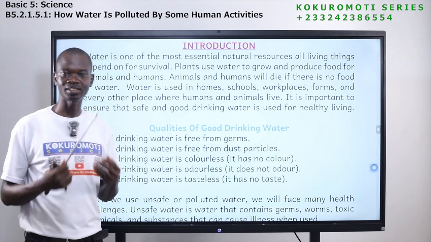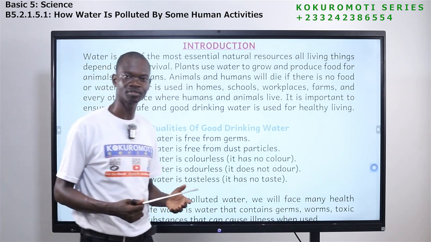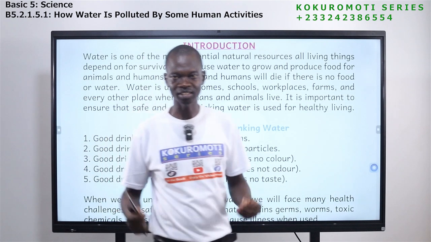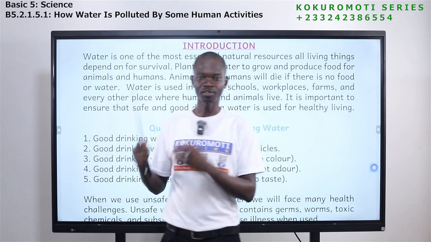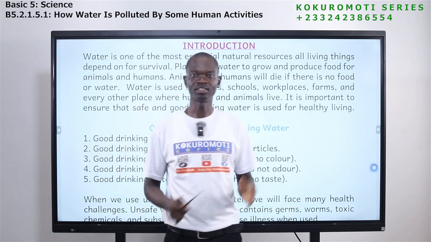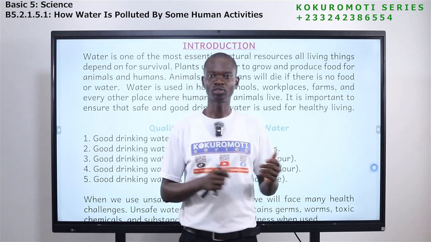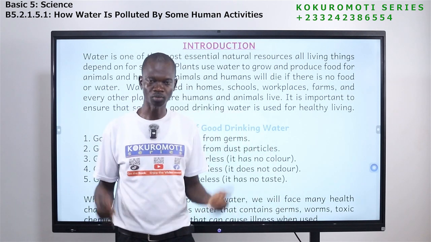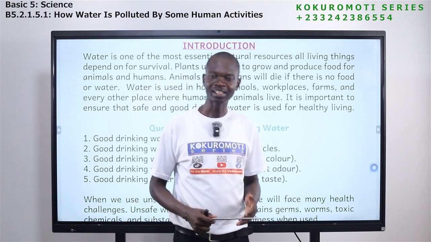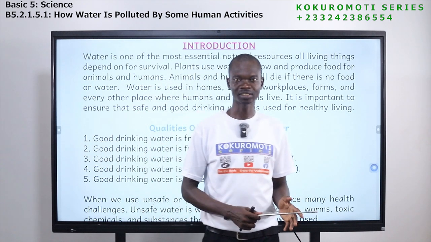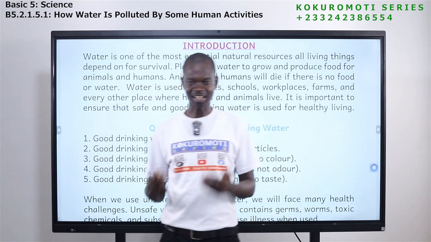Now, we are looking at water. Water is one of the essential, the most vital resources that all living things need. Human beings need water. Animals need water. Plants also need water. Without water, life will be difficult for us. We say water is life.